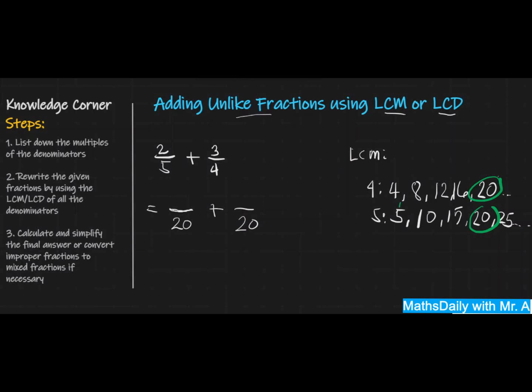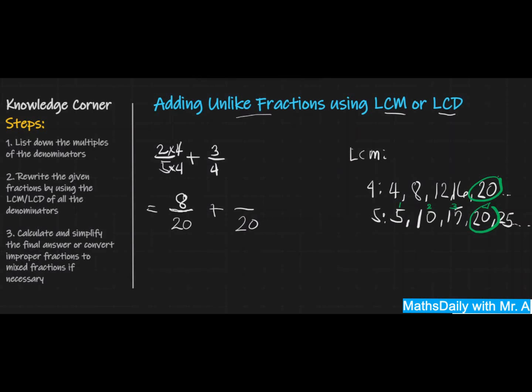So 1, 2, 3, 4. So 5 times 4, and whatever we do with the denominator, we need to do the same with the numerator. So we need to multiply 2 times 4. So our new numerator becomes 8.